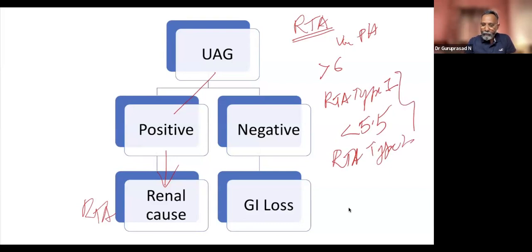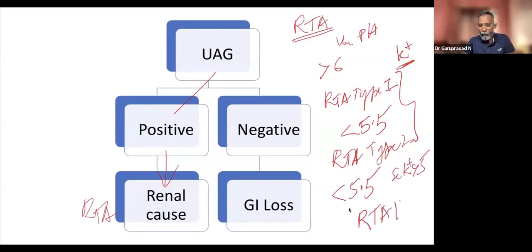But here the serum potassium is either normal or there will be hypokalemia. But if the urinary pH is less than 5.5 and serum potassium is greater than 5, then it is an RTA type 4.